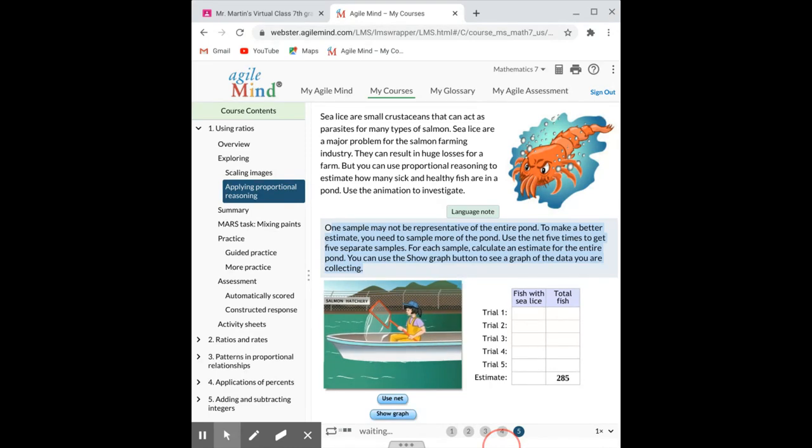So that can be the same thing that happens when this woman's dipping this net down in here to get these fish. She might not be in a good spot. So that's why we're going to take 5 representations, or 5 samples. Does that make sense to everybody? Hopefully. All right. So let's use this net and see what she catches.